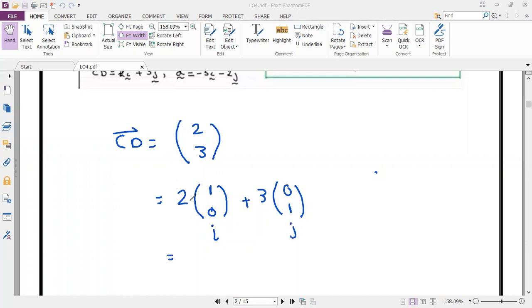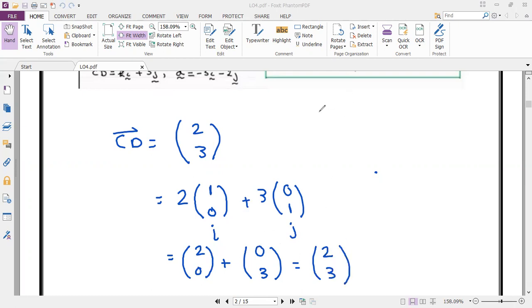If we multiply them, you will end up with 2 times 1 is 2, and 2 times 0 is 0, so here it's (2, 0). Plus 3 times 0 is 0, and 3 times 1 is 3. When adding them, 2 plus 0 is 2, and 0 plus 3 is 3.